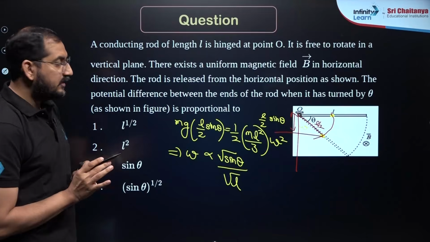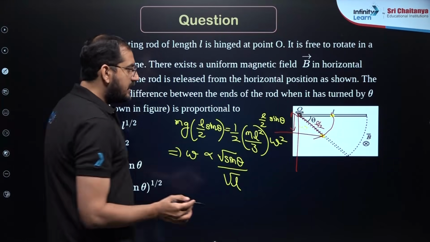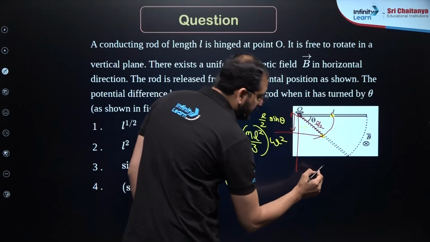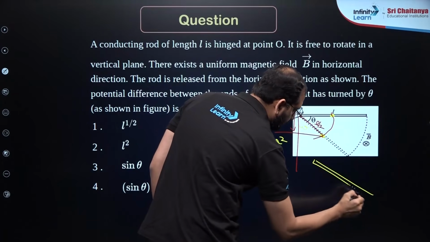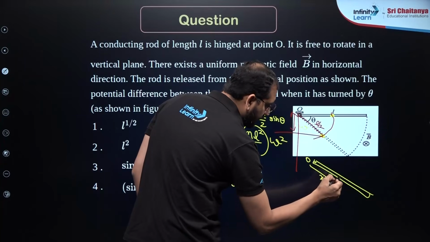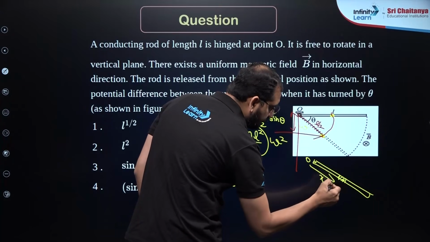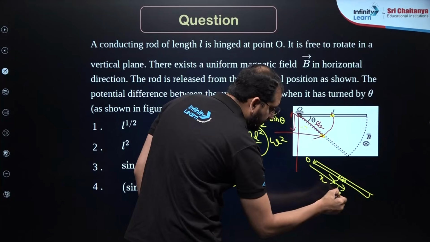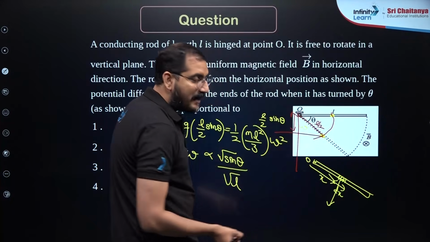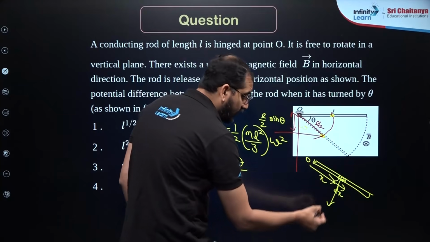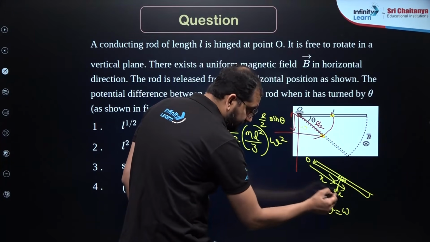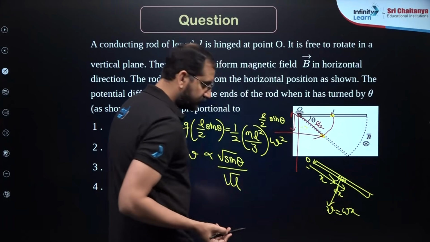Now I want to calculate the EMF. So about point O, take this rod, okay, go to a distance of x, and consider one element over here. Let's say the length of this element is dx. This dx element is having a velocity in this direction along the tangent, and that velocity v is equal to omega into r, meaning this length x.